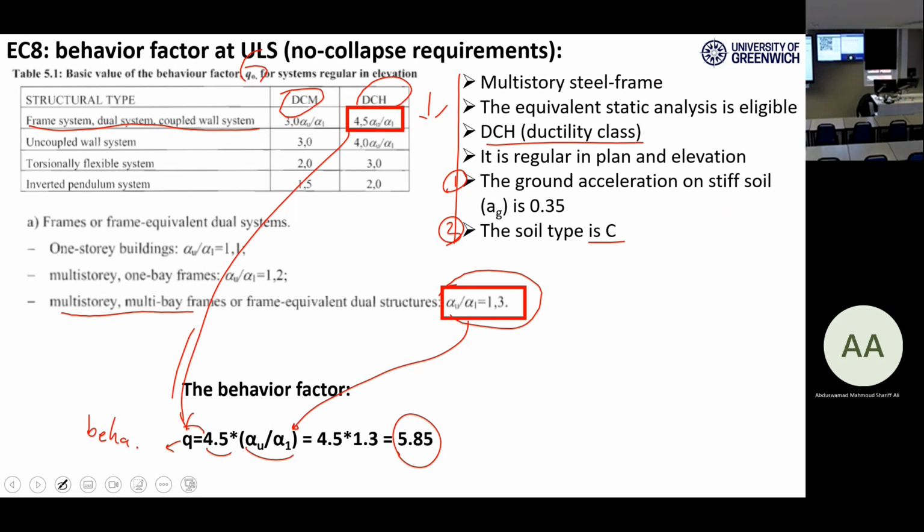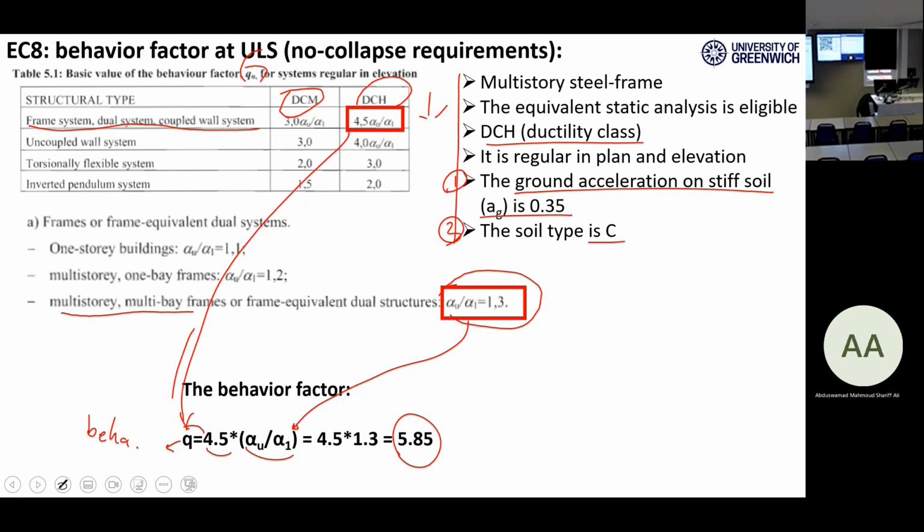And the ground acceleration on stiff soil is 0.35. It means that the location is important, because it should be different if you're designing a building in the United Kingdom, or in Italy, or in Greece, or in Romania.